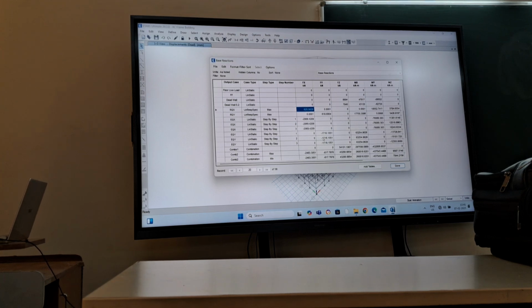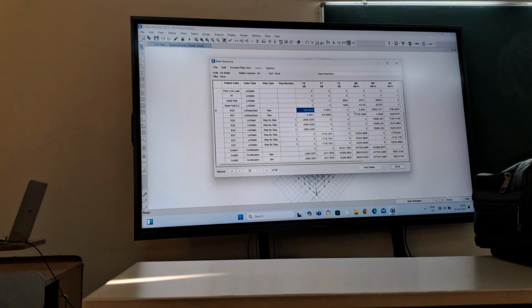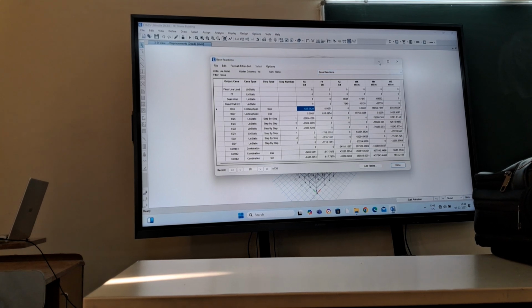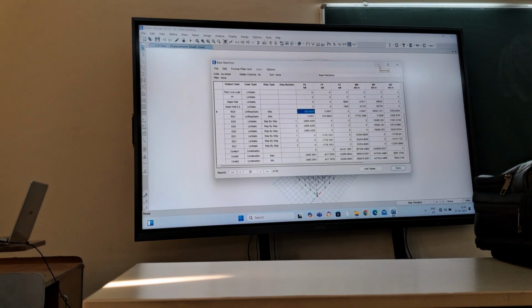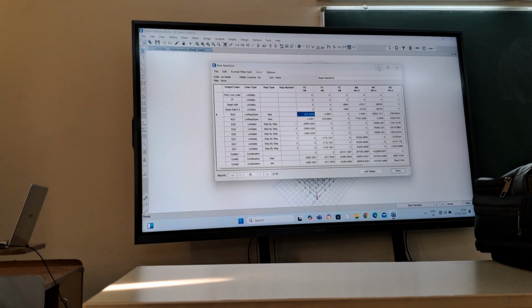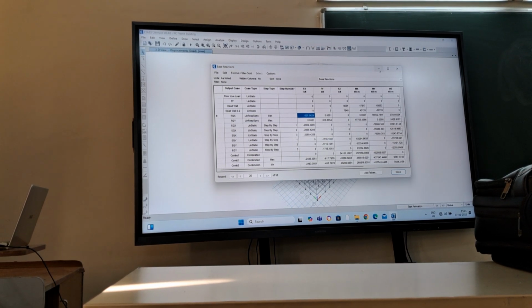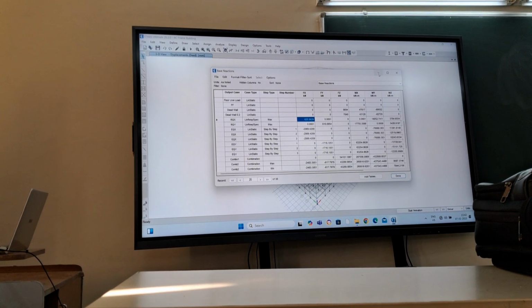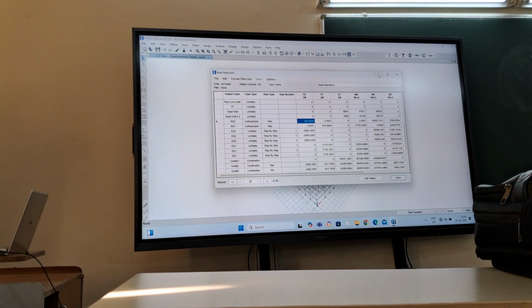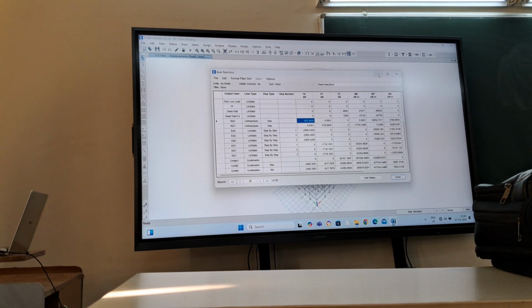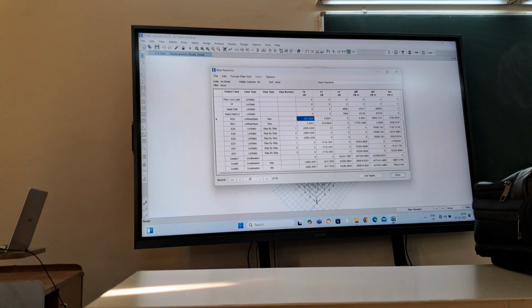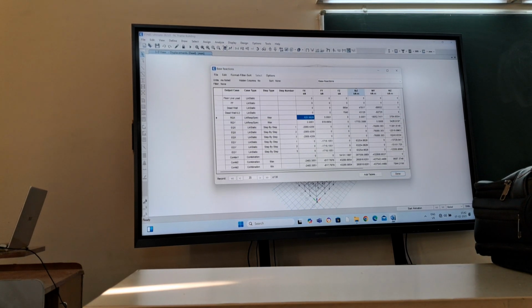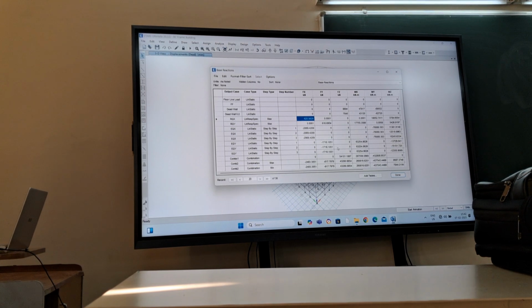Check how much you are getting for each direction. 3.304 for x, and for y.